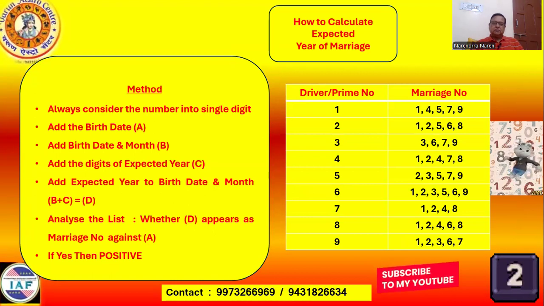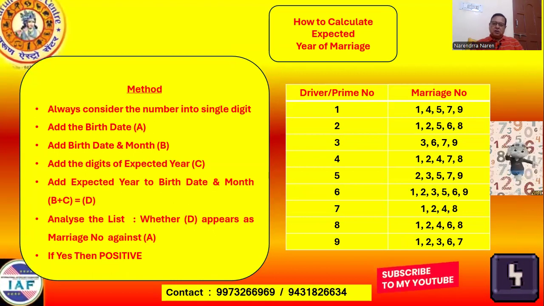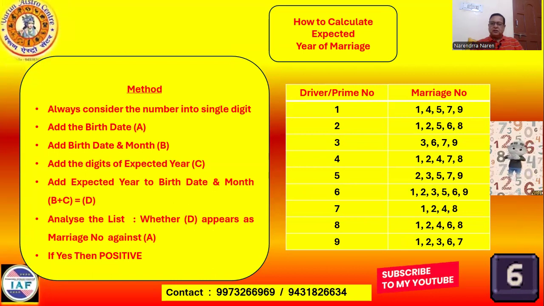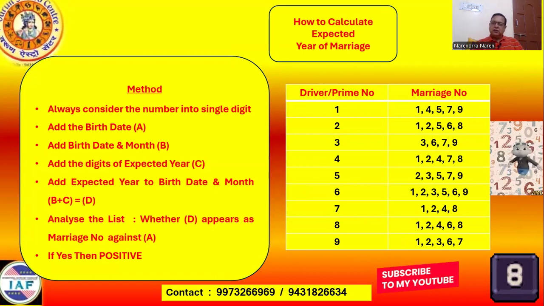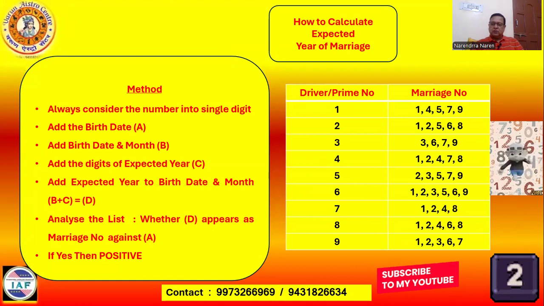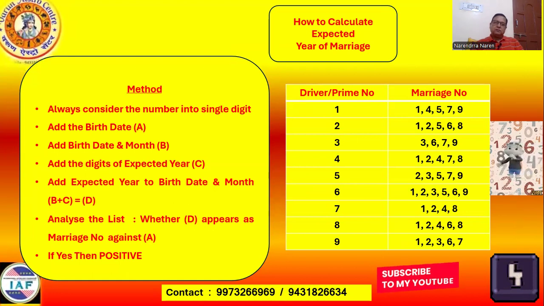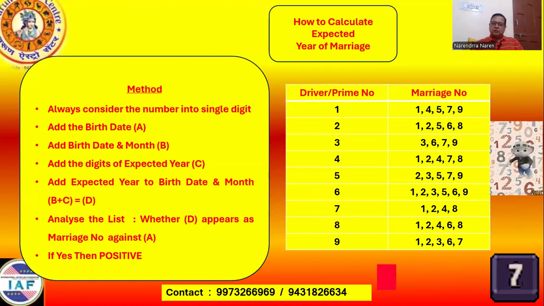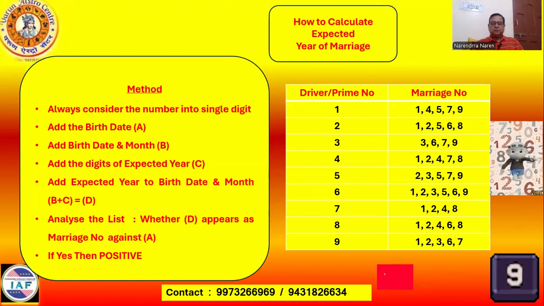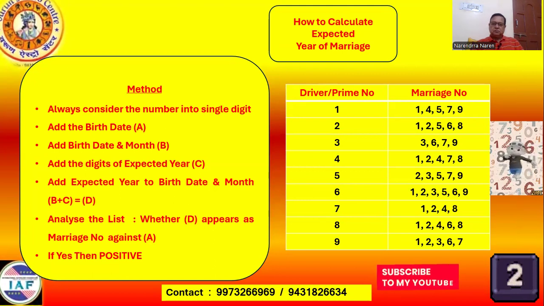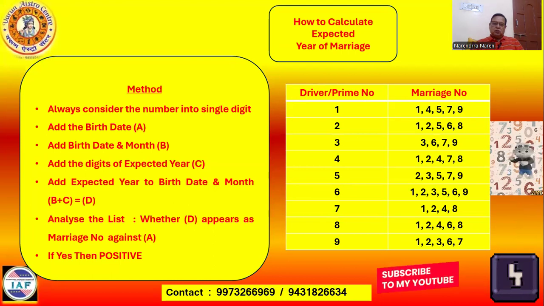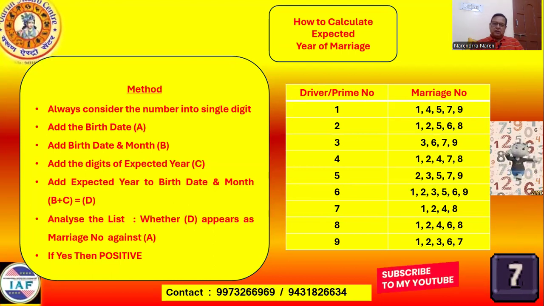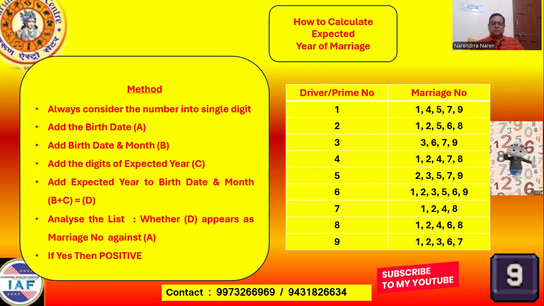Treat it as B. Now, what is the expected year in which the marriage is to be solemnized, if you want to confirm it? Take that particular year, not date and month. Consider it as C.